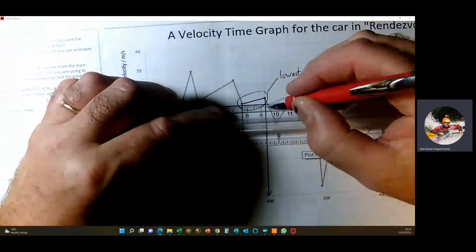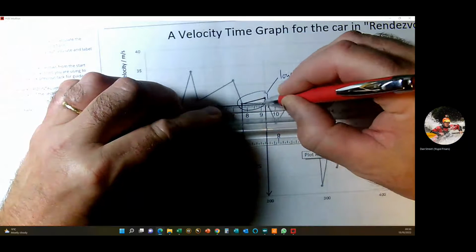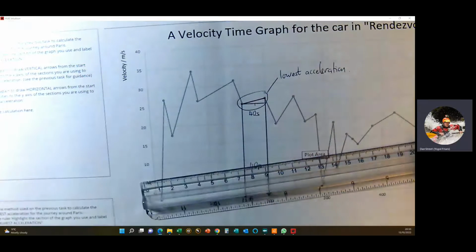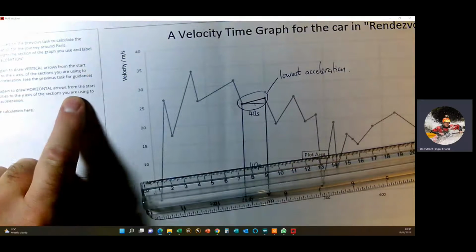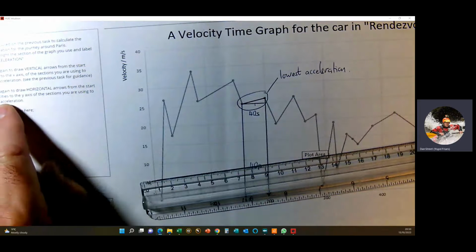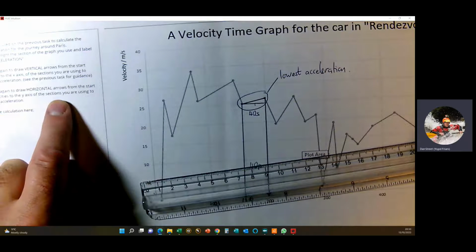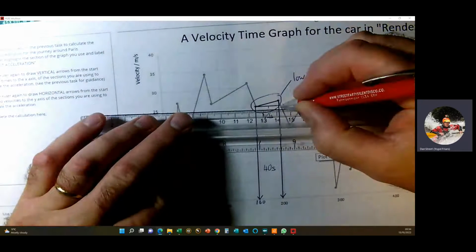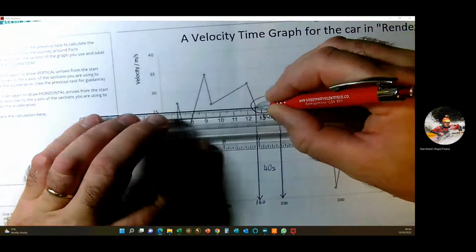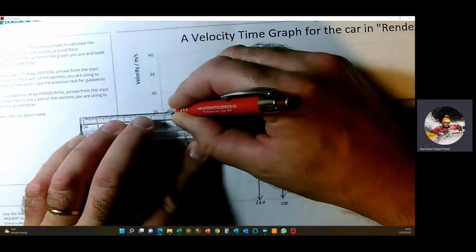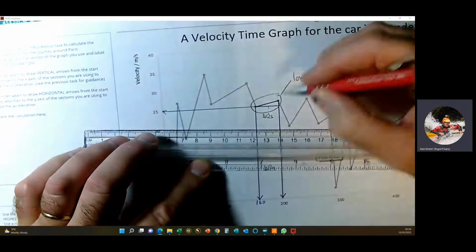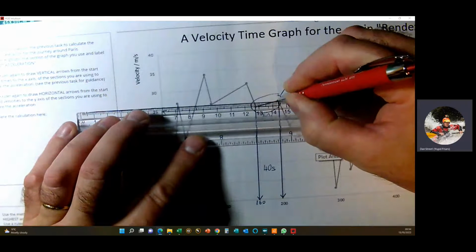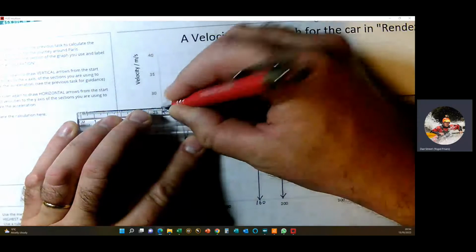And we could also draw that part there as a triangle. That's 40 seconds. And then it says use the ruler again to draw horizontal arrows from the start and end velocities to the y-axis of the sections you're using to calculate the acceleration. So here we need to draw an arrow that goes back to the velocity axis at the start velocity for this section and also at the end velocity for this section.